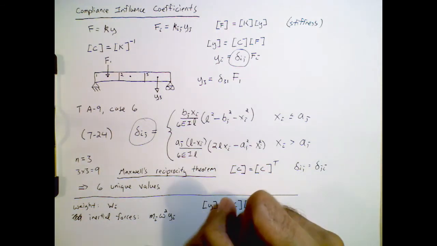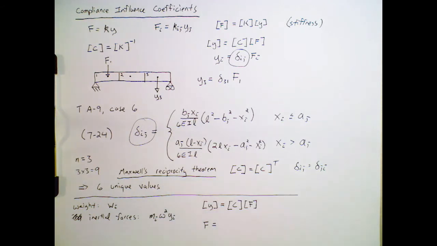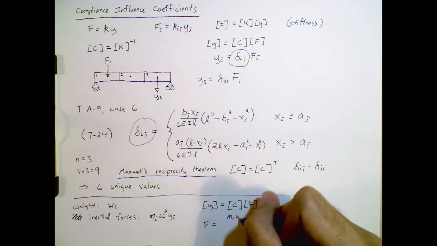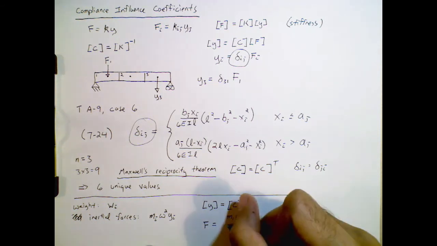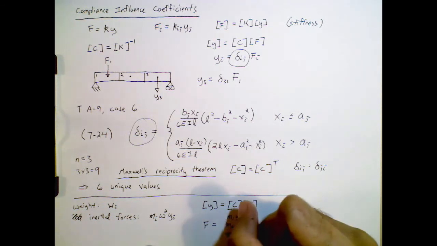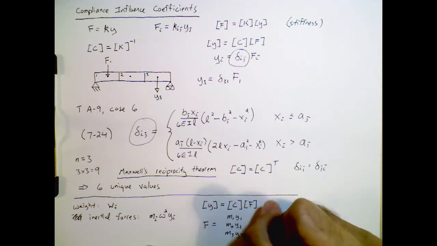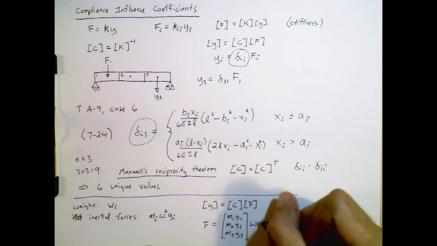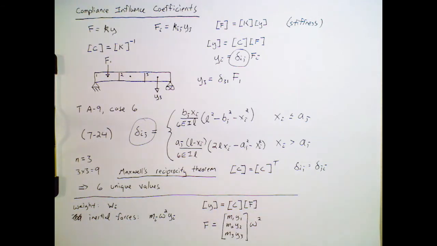And this force vector, if we're neglecting gravity and it's only due to the inertial forces, is going to be equal to m1 y1, m2 y2, m3 y3 for this n equals 3 case, all times omega squared.